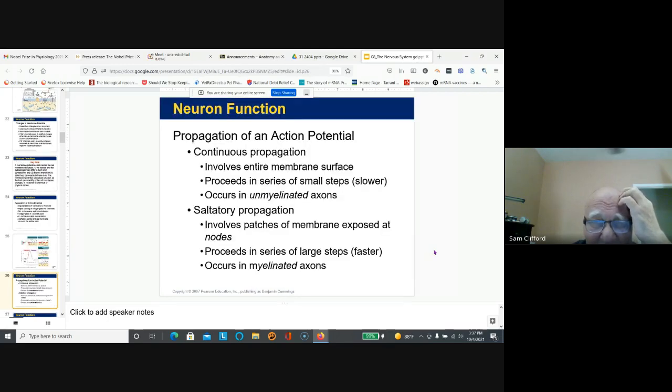Okay, let's keep going. So there's two types of propagation: unmyelinated axons, where the nerve signal moves along the surface of the nerves.